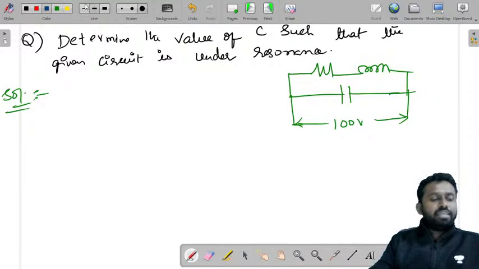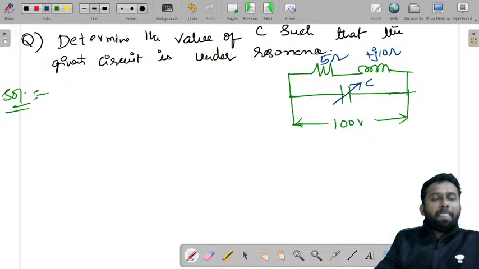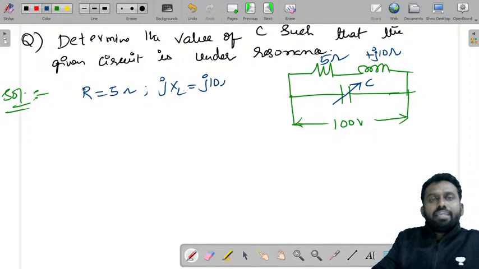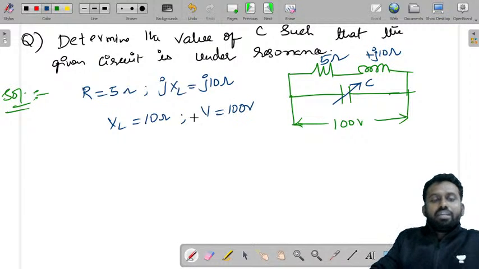These values are given as 5 ohms, plus J 10 ohms, and C is variable. So what can you write? R is equal to 5 ohms, JXL is equal to J 10 ohms, which implies XL is equal to 10 ohms, V is equal to 100 volts.